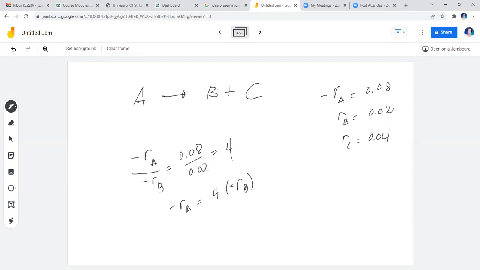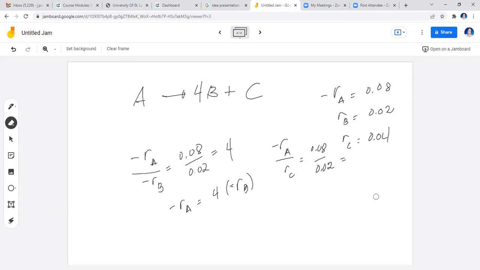So what does this mean? You have 1 here and you have 4 in here. Okay, what about rate of A in terms of C? So rate of A is 0.08. In terms of C, it's 0.04.